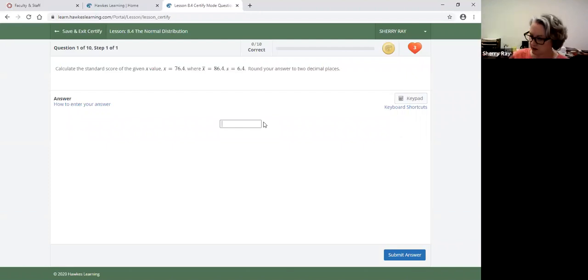So I'm going to write down what our x is: 76.4. X bar is 86.4. S is 6.4. I need to get a calculator here.